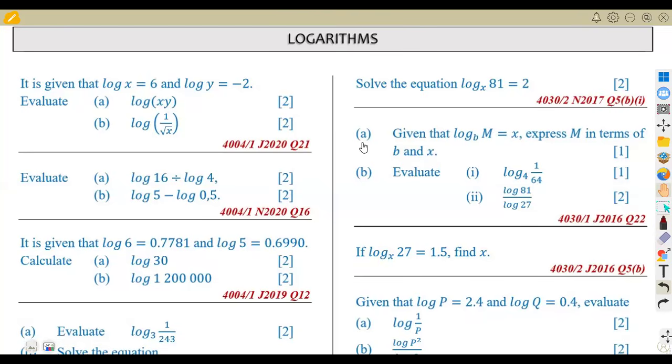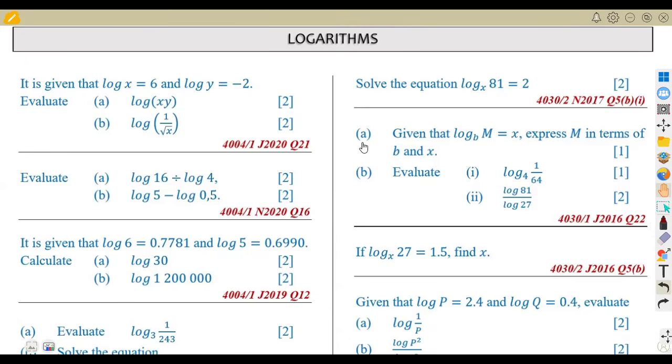You know, logarithms is a very, very important topic in our syllabus, in our revisions, both paper 1 and paper 2. So it is something that you need to understand. I've seen a lot of errors happening in our mathematics, especially under logarithms, and also the part of indices, which is the exponents.